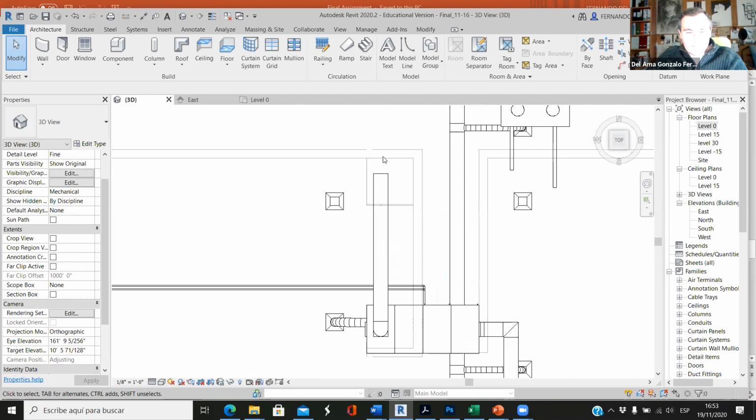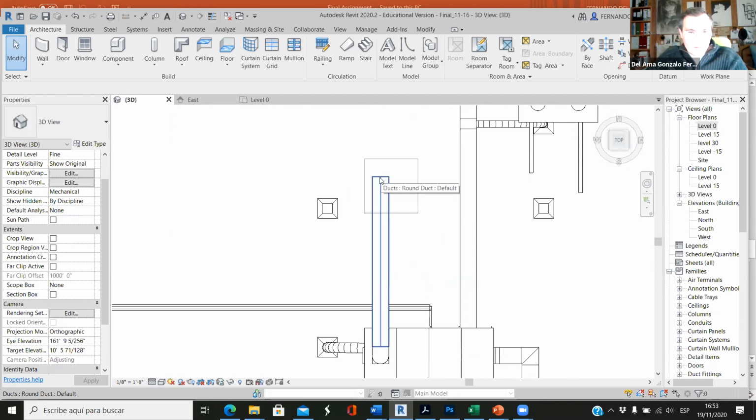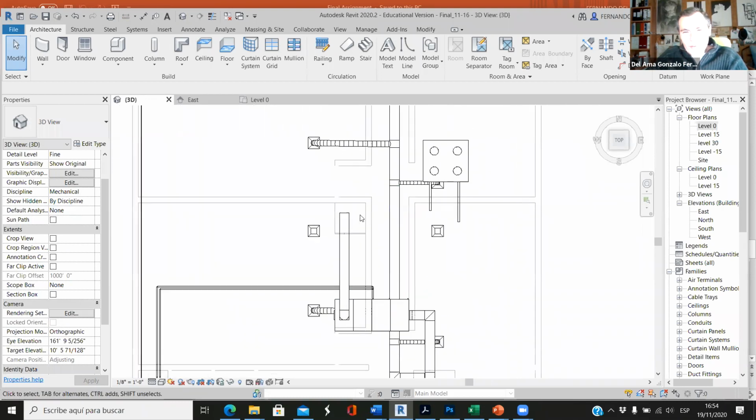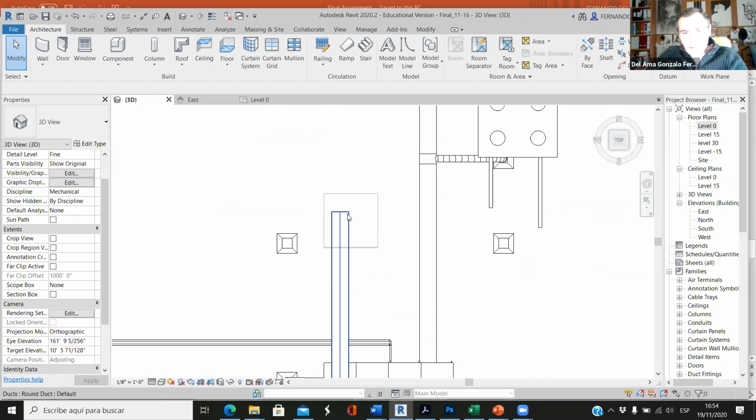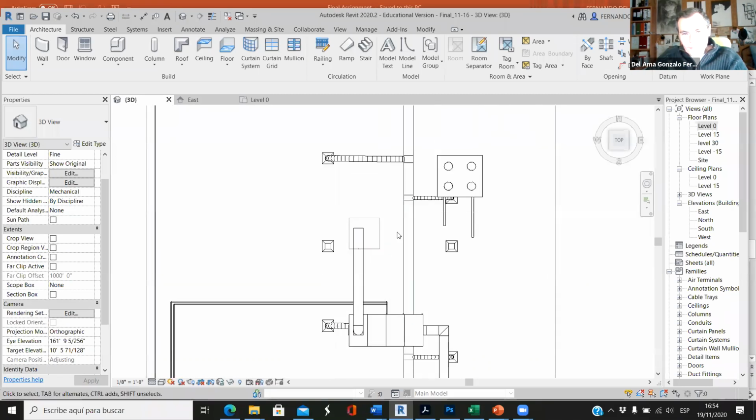Okay, so we need to go down through this shaft. And then we need to go down through this shaft, and immediately we have to go, because this is the corridor. Okay, so they have to run parallel to each other. But if they run parallel to each other, if we go in this direction, we may have a conflict here. So how can we prevent this from happening?